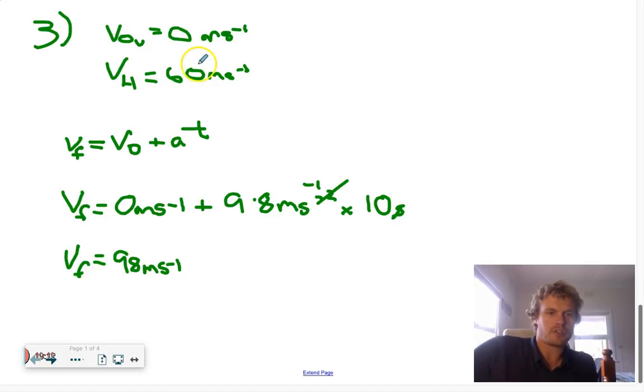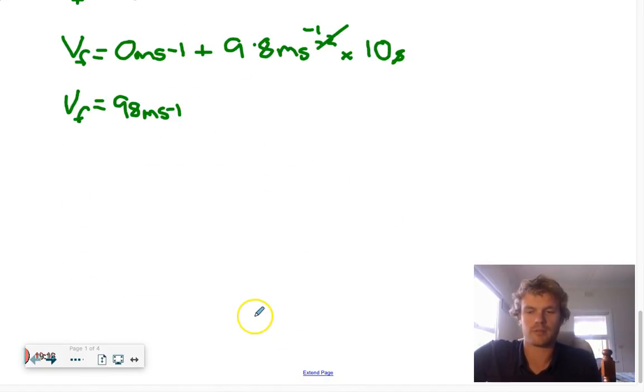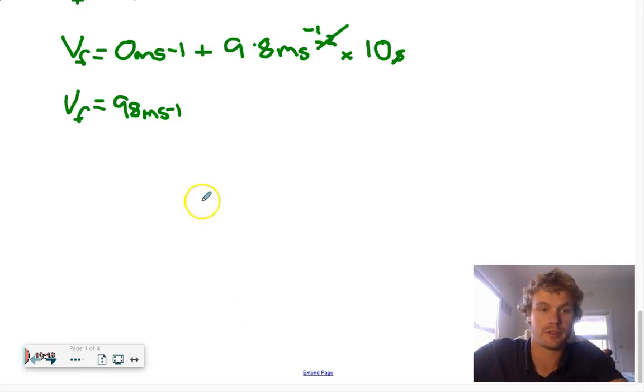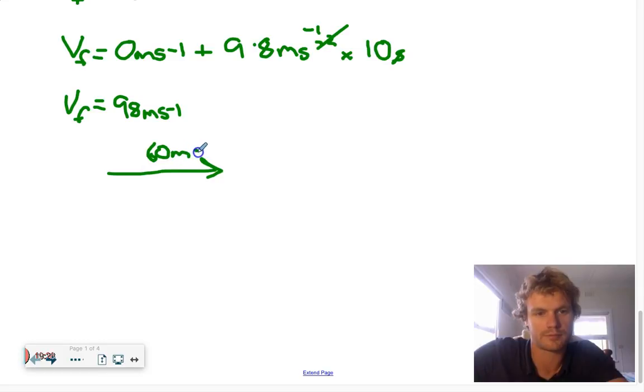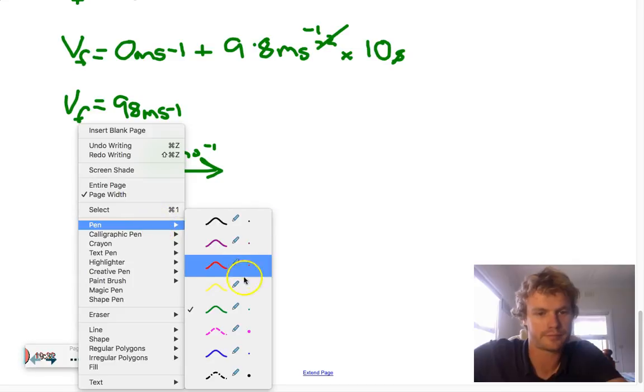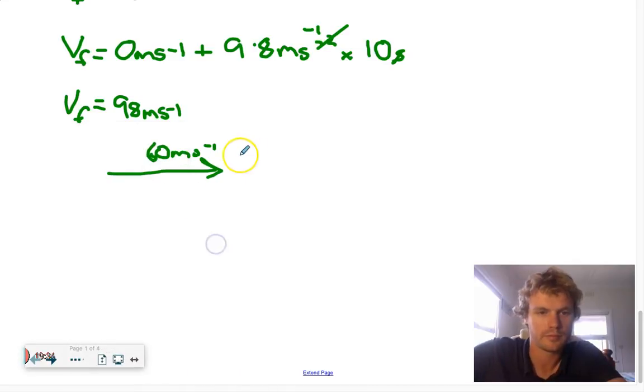So now I know my two components, I can draw up a vector diagram to work out my resultant final velocity. So I have a horizontal component which is 60 meters per second long. I also have a vertical component which is 98 meters per second long.